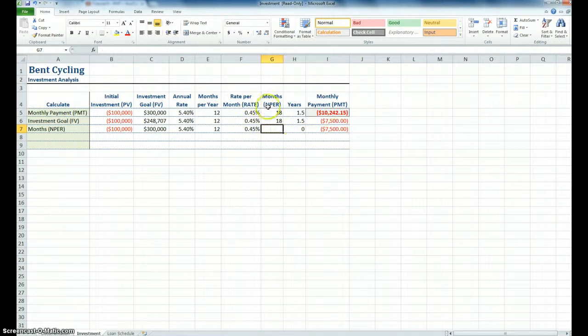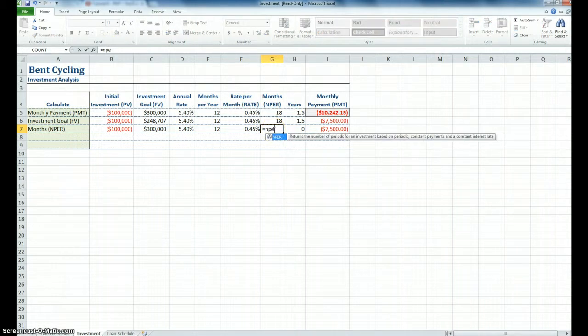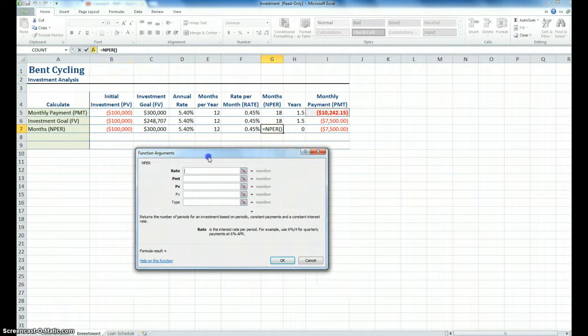So let's go here. It's going to be NPER. Double click, single click. The rate, again, is F7. Payment is here. Present value is $100,000 and my future value.